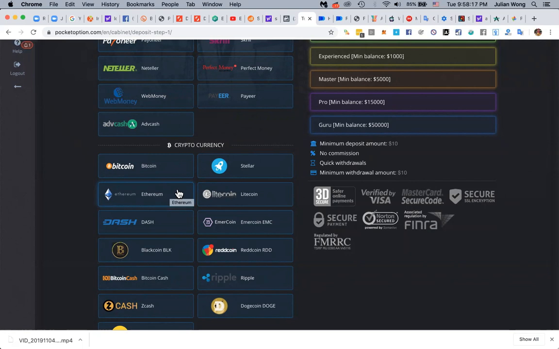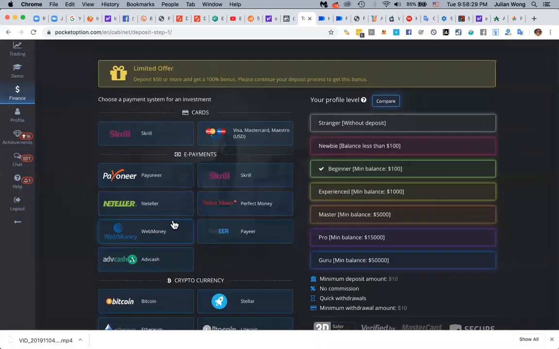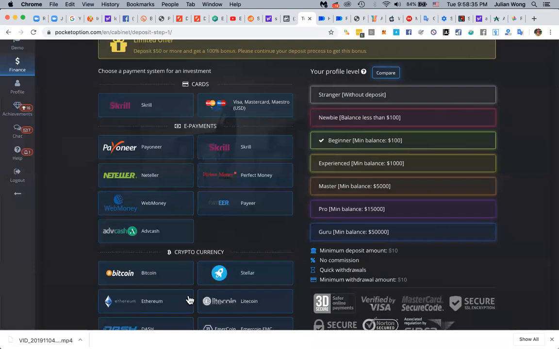For me, I'm in Thailand, and the spread is really cheap, like 0.25%. Rather than paying 4% to use Skrill, I just pay 0.25% to deposit using cryptocurrency. It makes a lot of sense for me.